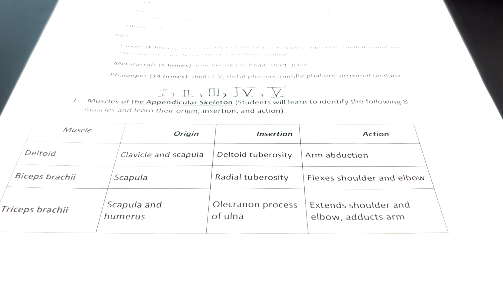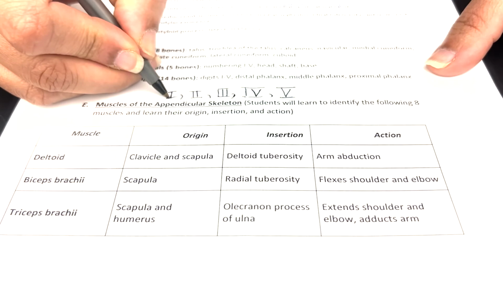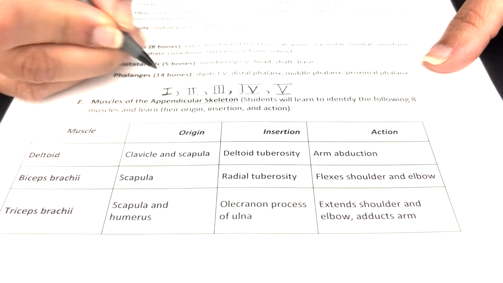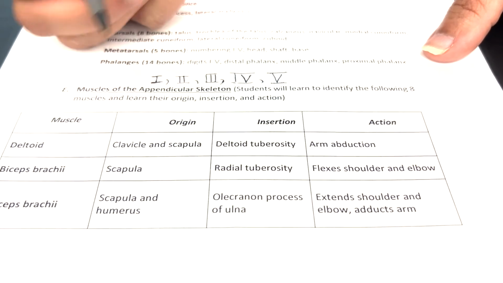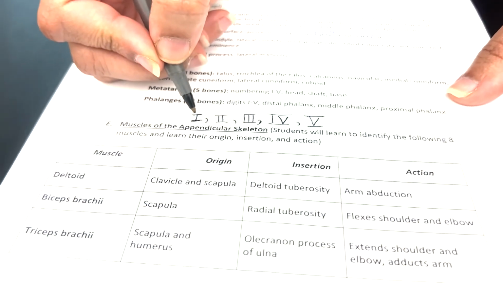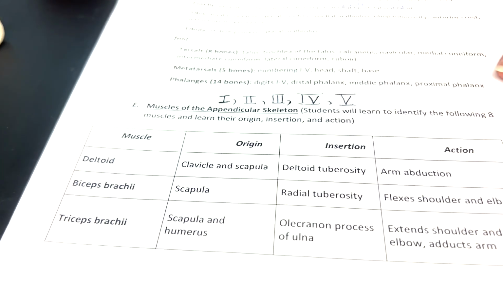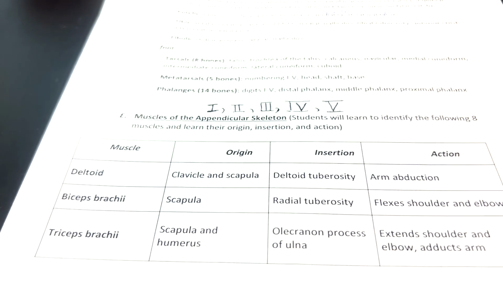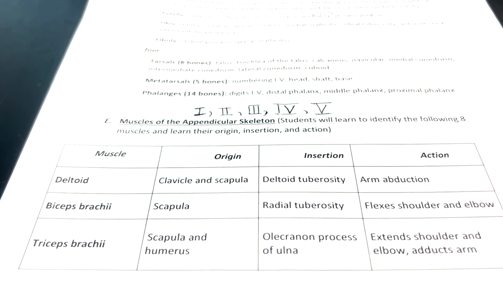So the first one is your thumb. The first one is your big toe. The last one is your little toe. Just like how you do it in the hands. The thumb is number 1 and the pinky is number 5. And that is all we are going to do today. So I hope this is helpful.